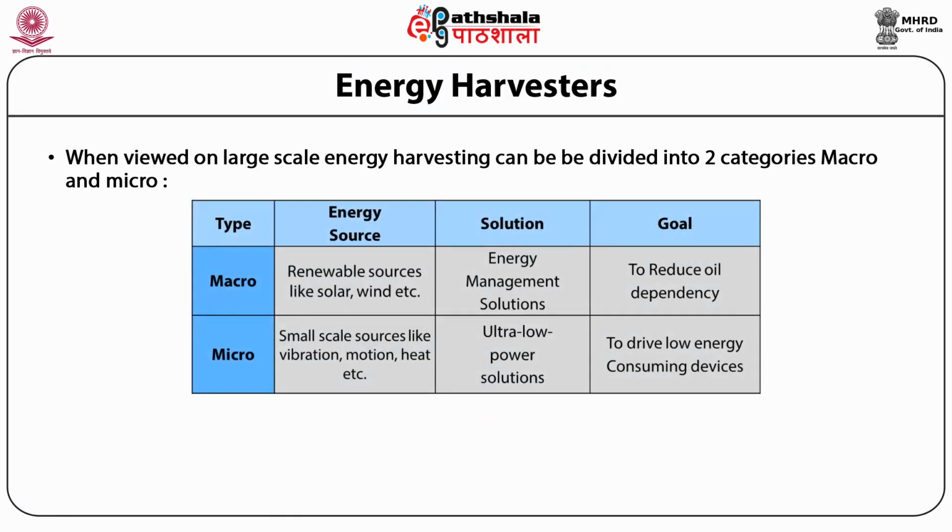When viewed on a large scale, energy harvesting can be divided into two categories, macro and micro. In macro, the energy sources are renewable sources like solar, wind, etc., the solution is energy management, and the goal is to reduce oil dependency.